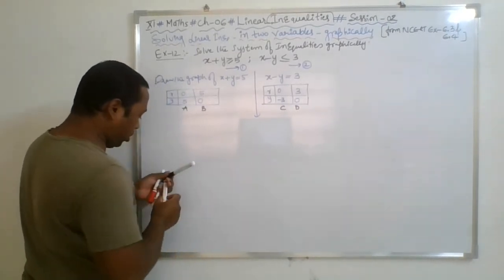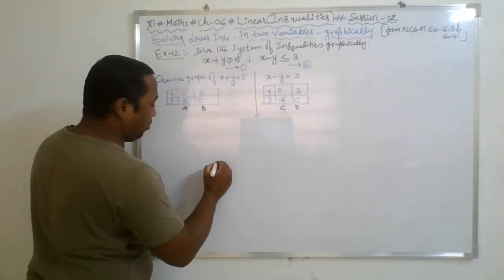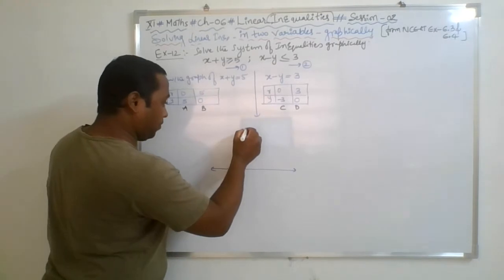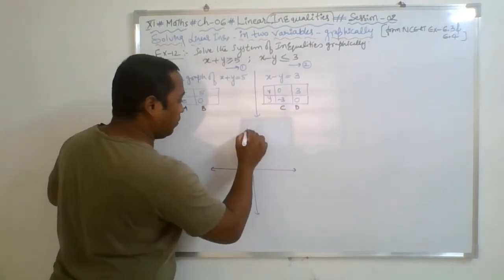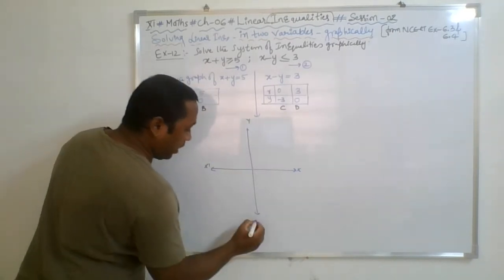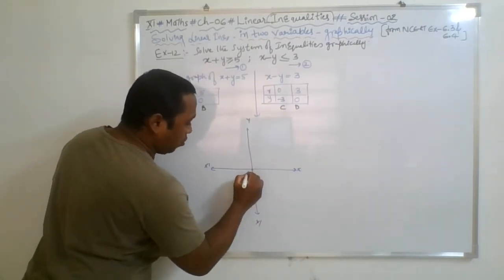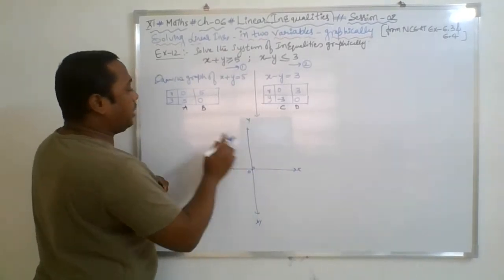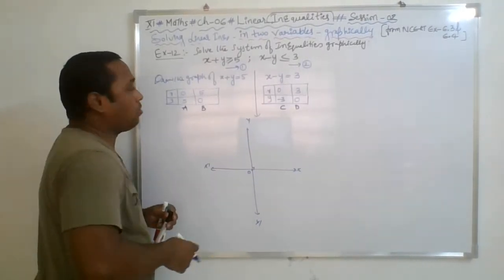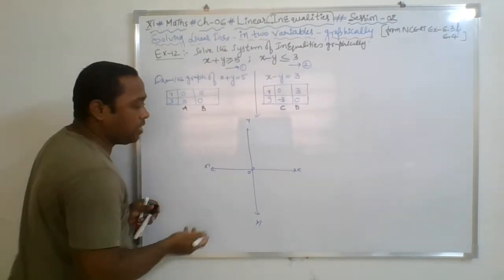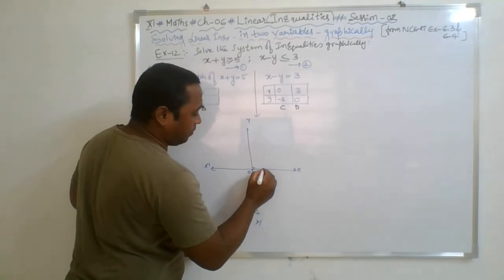Let's try to plot properly on a graph. x dash, y dash, origin, perpendicular. We are involved in the negative value of y, so we require all four quadrants, and the maximum value of x and y is 5, so we need a scale of 5.